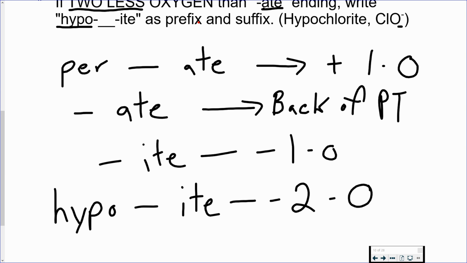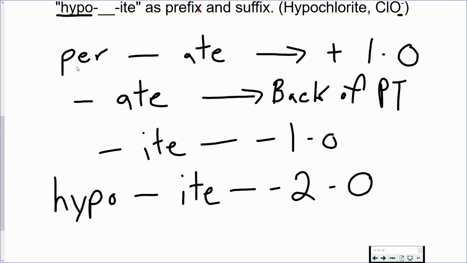So what I like to tell myself is that if I gain or lose an oxygen, one thing changes. So you'll notice that if I gain an oxygen, I add the prefix of per. If I lose 1 oxygen, I change the ending into -ite. Therefore, 1 oxygen gain or loss, 1 change to the name.